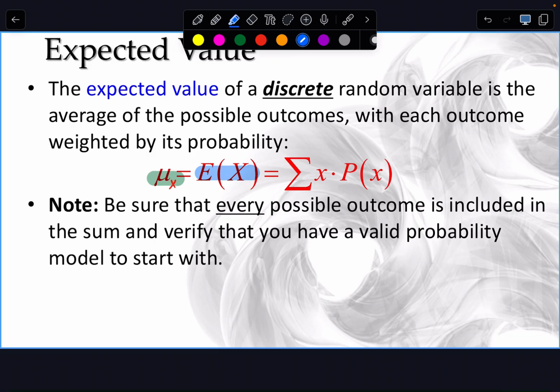So the 0 was less likely to occur than the 1, so the 1 has more weight associated with it. And so what's going to happen is when we calculate these means, we're going to take each value, each outcome for my random variable, multiply it by its associated probability, there's the weight, and then add up all the results.